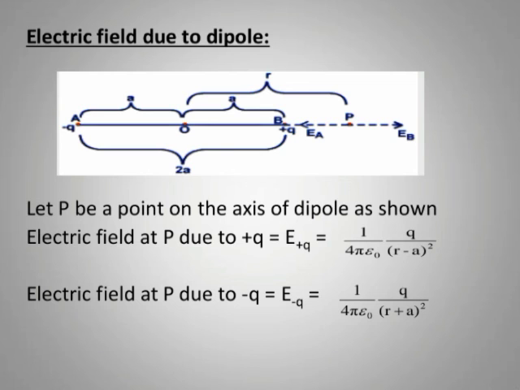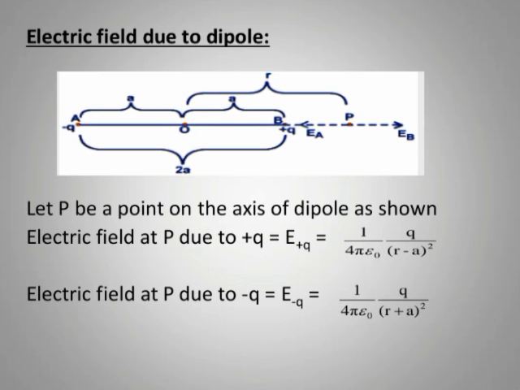In the next class I would be teaching you about the electric field due to a dipole, with another derivation which is not on the axis but at some other point, called the equatorial point, which is perpendicular to the axis.